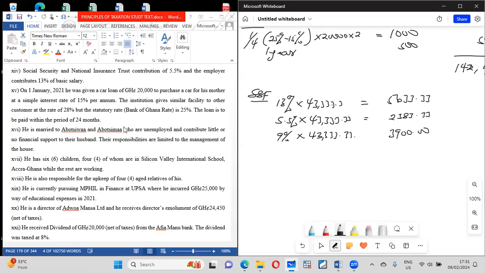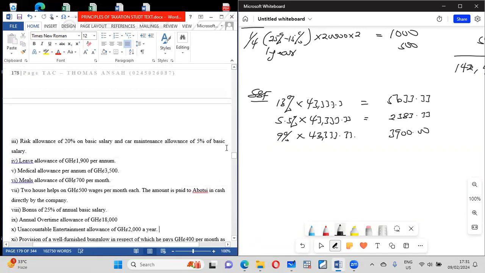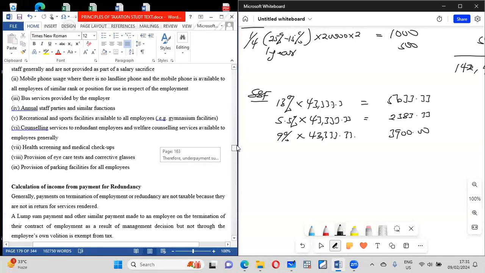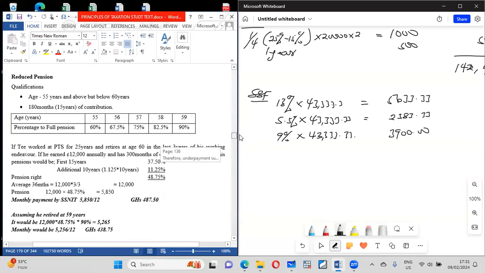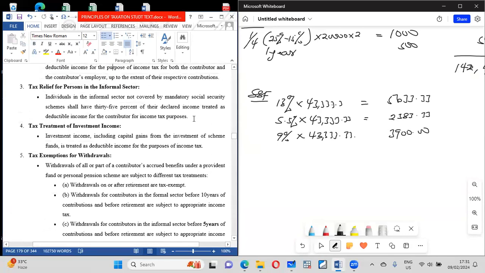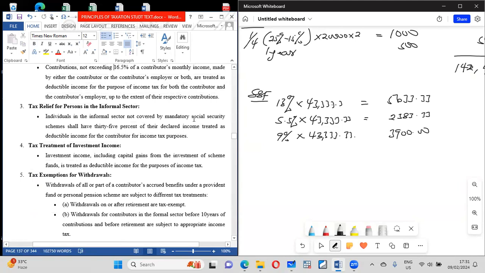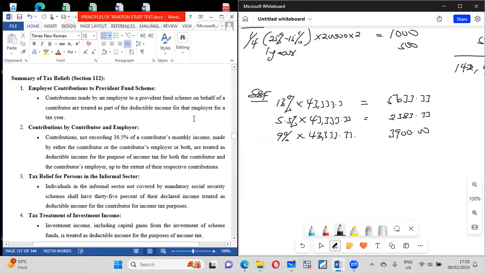All right. What about the 11%? We use the 11% upstairs, but there's something that I want to correct here. Let's go back to our lecture on the SNIT thing we did. Okay, so we had this summary of the tax reliefs.